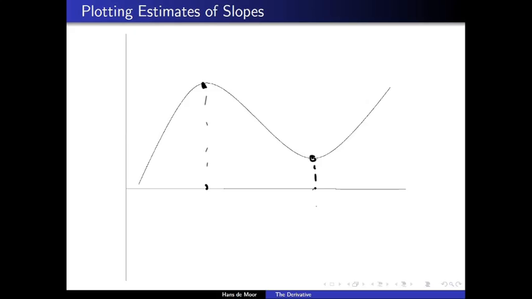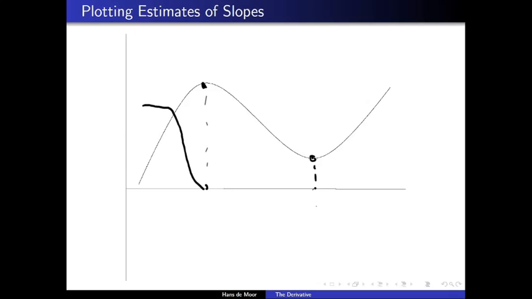Think of yourself climbing a mountain with that profile. You'd start out really steep, and then it'd be less steep as we get to the peak. So this graph would start off at some point, and the slope would go down to the point where the slope is exactly 0.